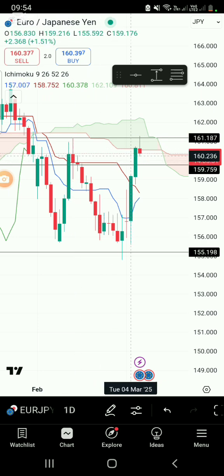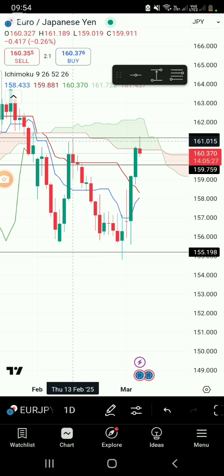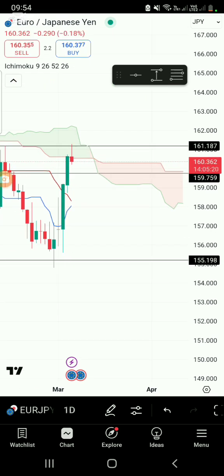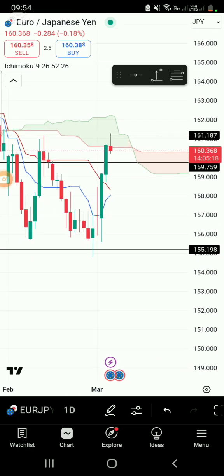Price pushed up, and today price has touched this level and it is now reversing, so indicating a potential move to the downside. Right now, if you consider this and compare it to the euro USD, you will see that on the euro Japanese yen we have a slightly better trading opportunity compared to the euro USD.